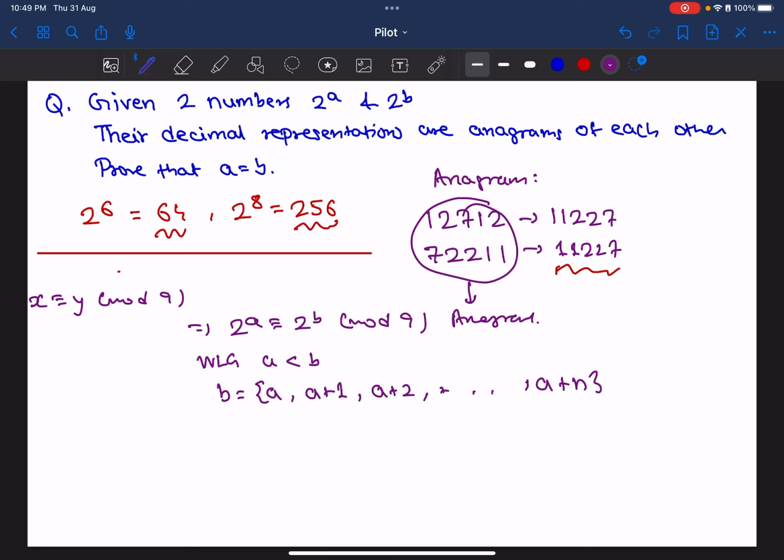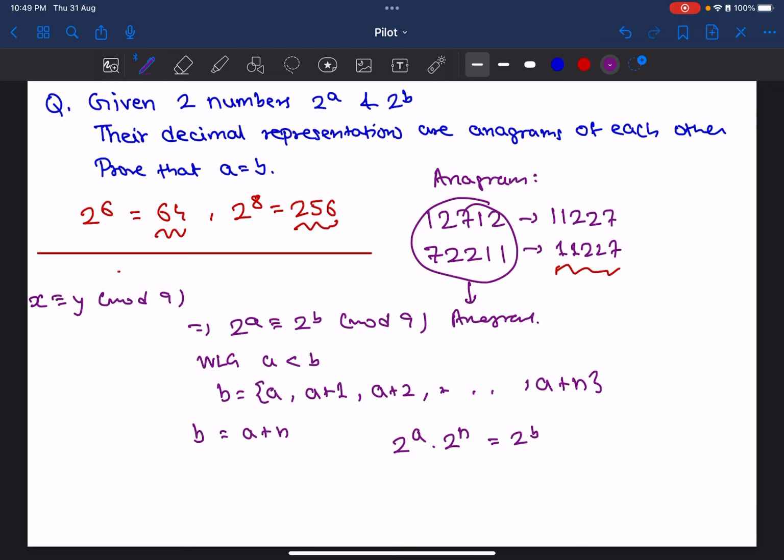But say we want to find some limit on n. If b is equal to a plus n, then 2 to the power a times 2 to the power n equals 2 to the power b.